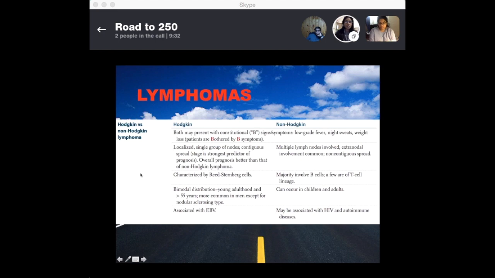So now in terms of Hodgkin's versus non-Hodgkin's. Hodgkin's is, like I said, we're going to see Reed-Sternberg cells, which are these owl-eye cells, which I'm going to talk about in a little bit. Hodgkin's is generally going to be a single group of lymph nodes with contiguous spread. 50% of these patients do have association with EBV infection.